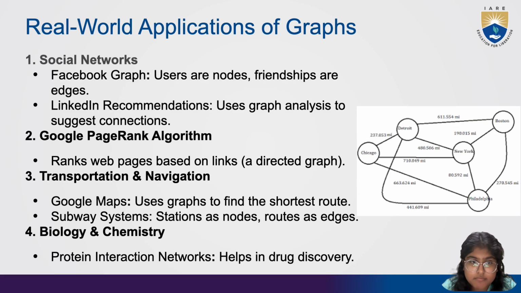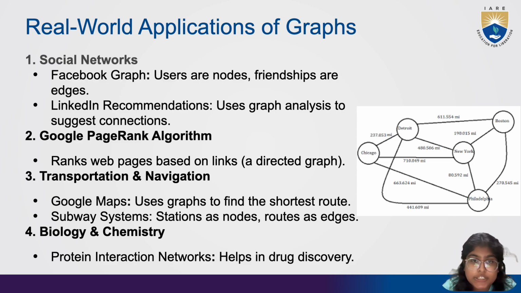Graphs are everywhere. Let's look at some other real world examples. Social networks. Platforms like Facebook, LinkedIn use graphs to suggest friends based on mutual connections. Google PageRank. Google's search algorithm ranks websites using a graph of links between pages.